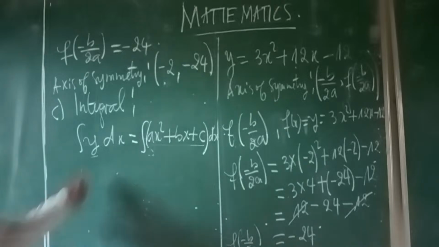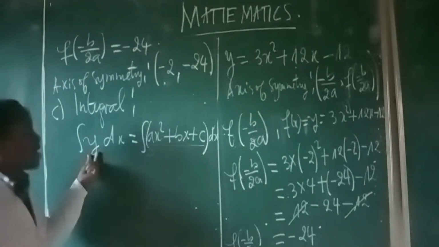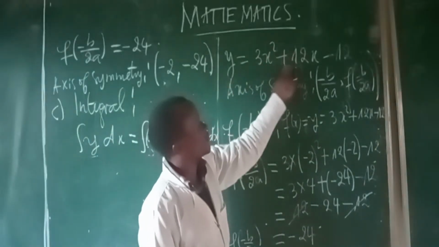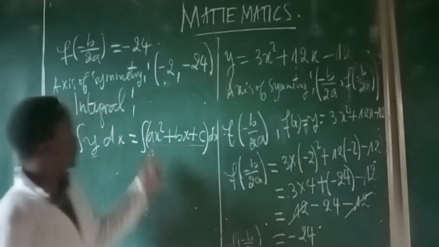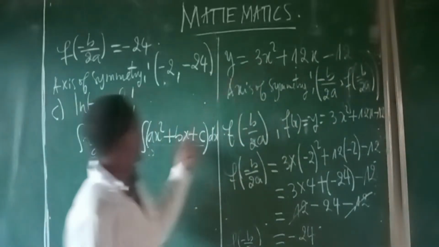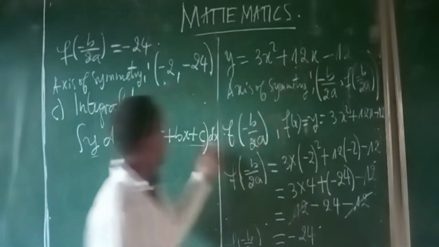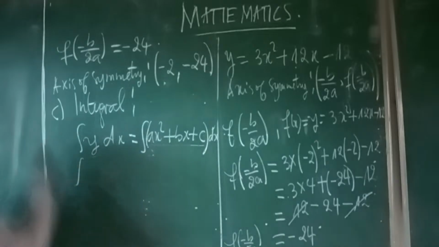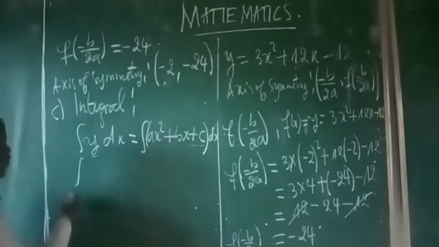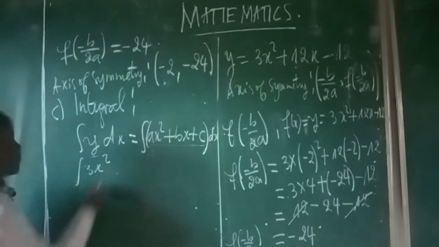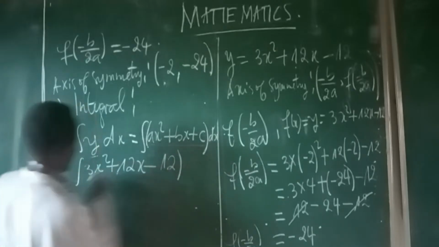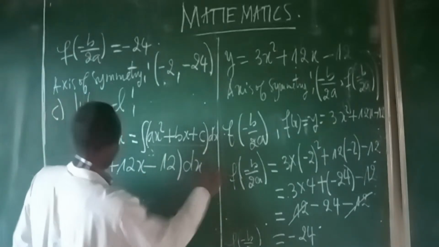Now let's substitute y by its value. y is equal to 3 times x squared plus 12x minus 12. You see, a is equal to 3, b is equal to plus 12, and c is equal to minus 12. Right? That is why we have used this quadratic. So now the integral is of 3x squared plus 12x minus 12 dx. Right?